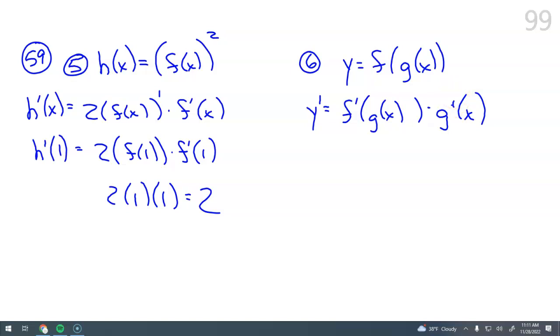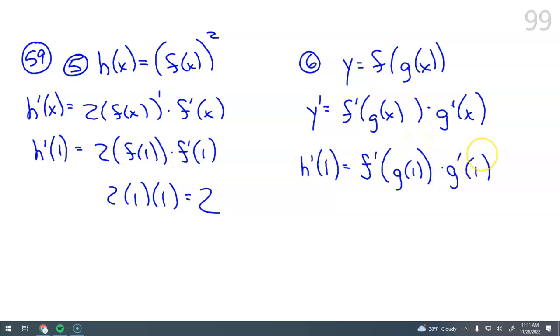So I want h prime of 1. So that's f prime of g of 1 times g prime of 1. This piece here is tricky for some people. It's not multiplying.